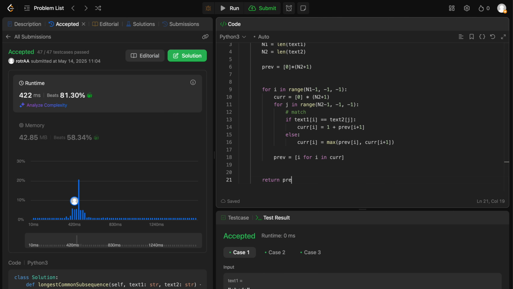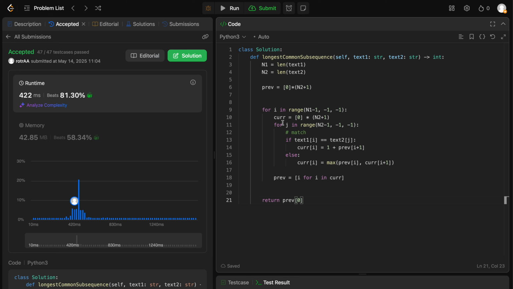Let me just return previous of 0, but let me check if I did this correct. So for I in range n1 minus 1, okay, so this should be the last row. Current is equal, okay, for j in range n2. If text I is text j, then current of, I think, j, it has to be j, is equal to 1 plus previous of j plus 1.